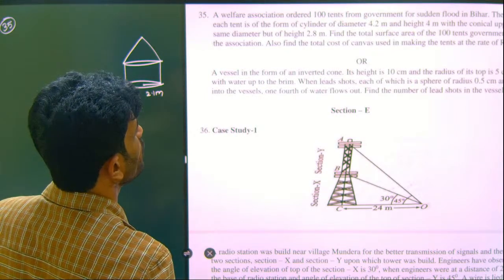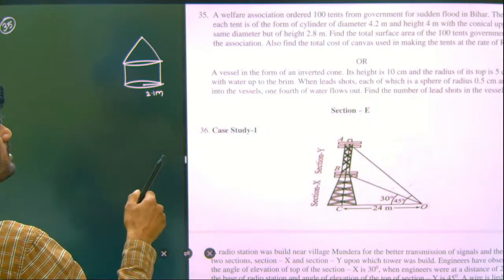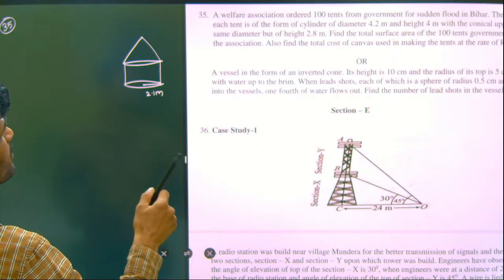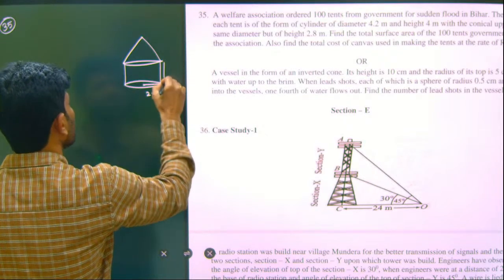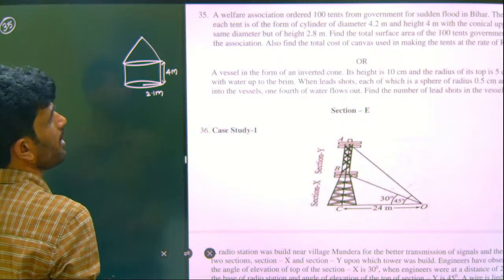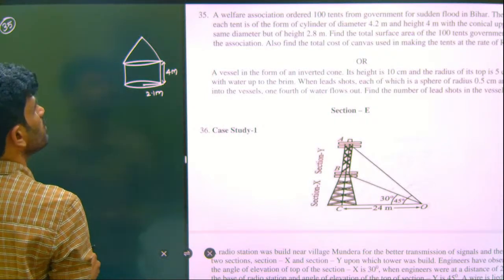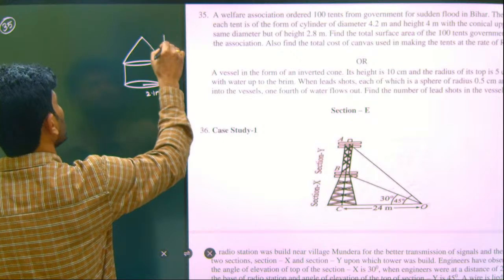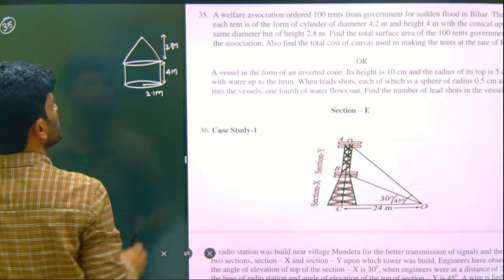The cylindrical part height is 4 meters. You have to be careful about taking the heights. And the conical part is also given. The height of the conical part is 2.8 meters. Up is conical and here it is 2.8 meters.